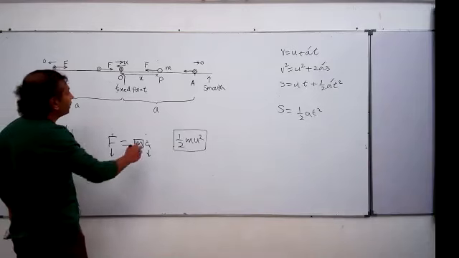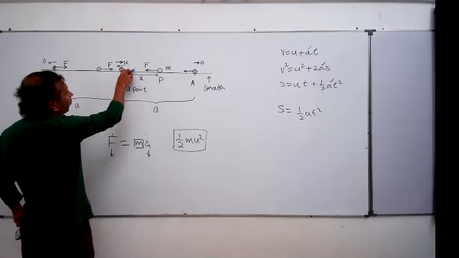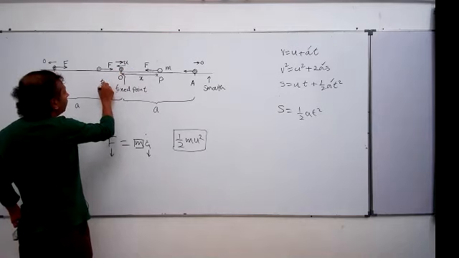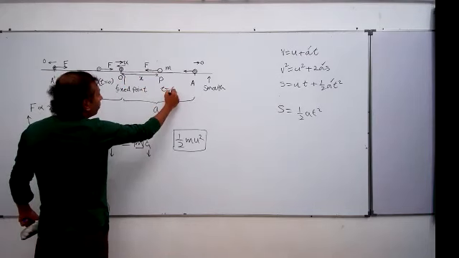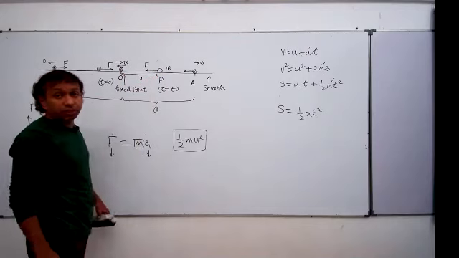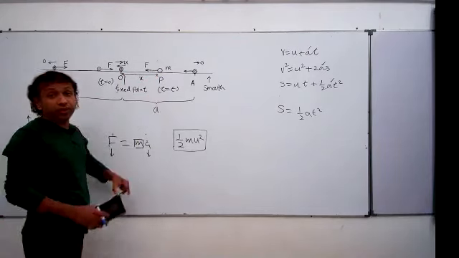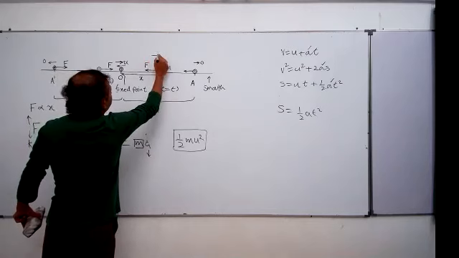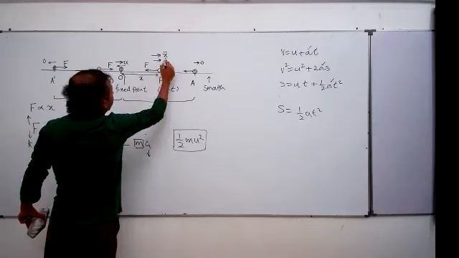You can very clearly understand, after projecting the particle from O at t equals 0, suppose after a time t, the particle is at a point somewhere here, having moved a distance x. Then at time t, the acceleration of the particle is marked as x double dot, the velocity is marked as x dot.